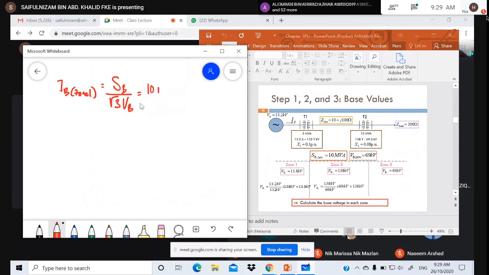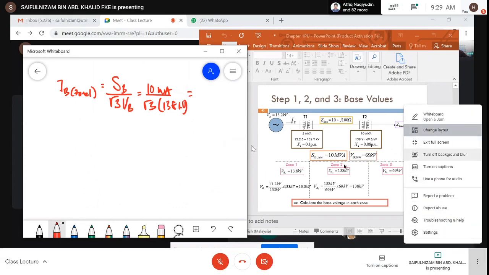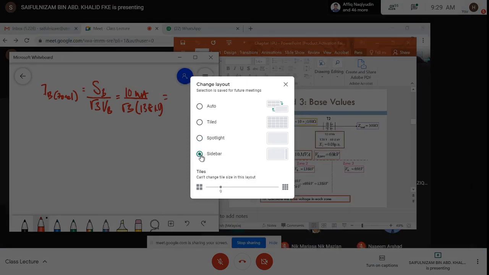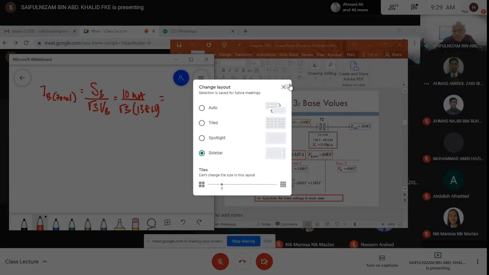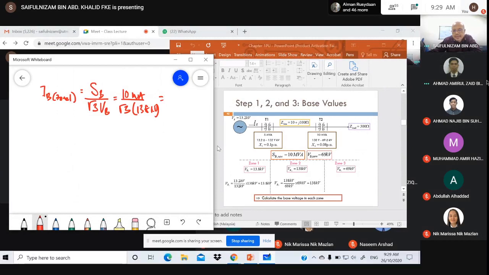Always use the new value: 10 MVA divided by root 3. What is the new base voltage at zone 1? 13.8. Always use the new base value in finding the base current, not the old value. Did you get the I base for zone 1?